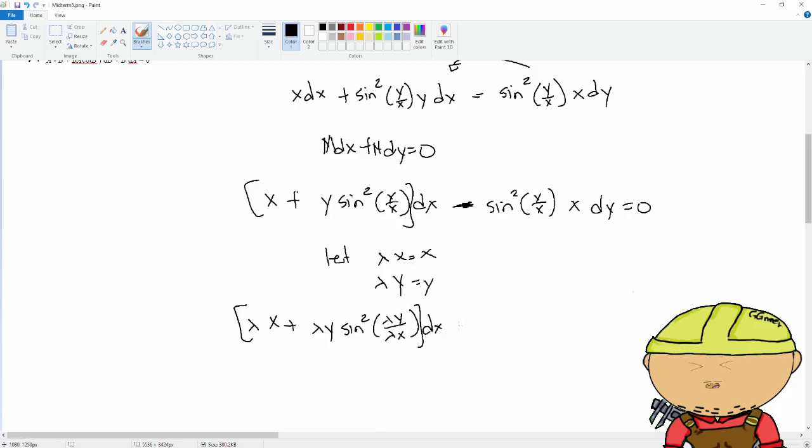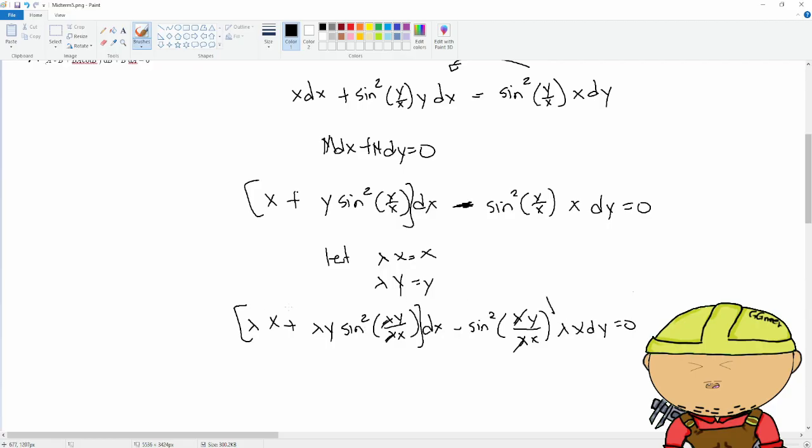No matter what type it is, just follow the step-by-step procedure for solving our differential equation. Substituting, cancel the lambda in our trigonometric function.